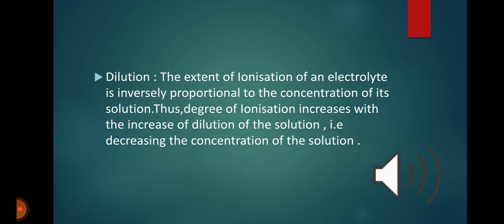Inversely proportional to concentration means that as dilution increases, the degree of ionization increases. So the concentration decreases. The extent of ionization of an electrolyte is inversely proportional to the concentration of its solution.